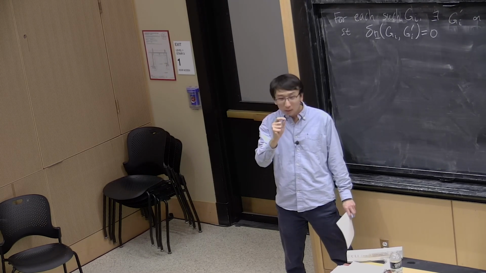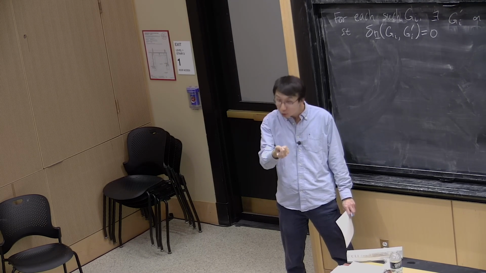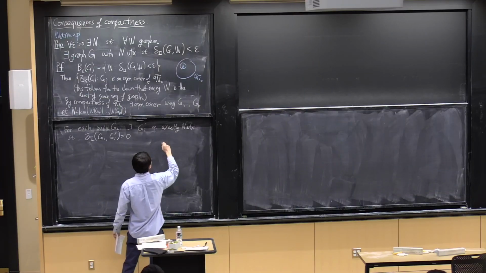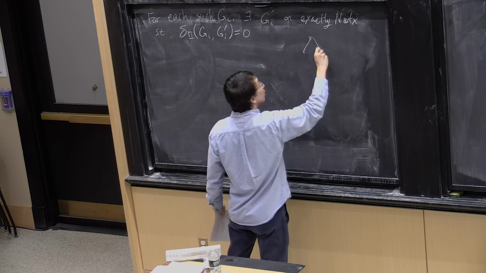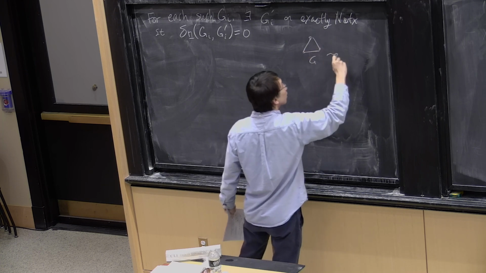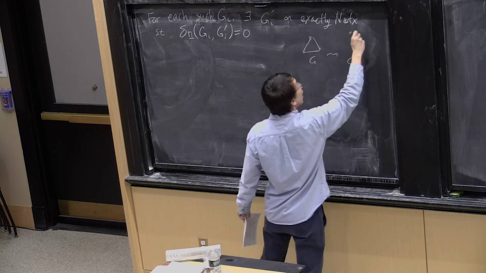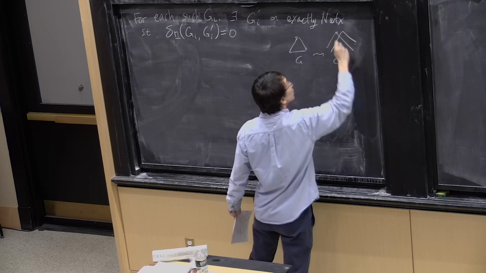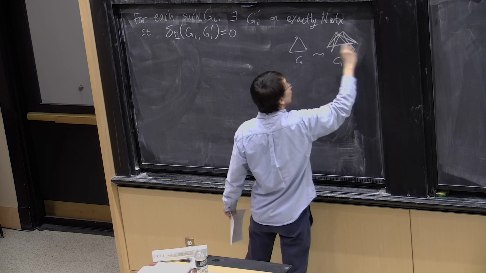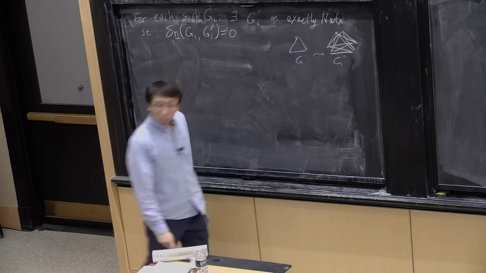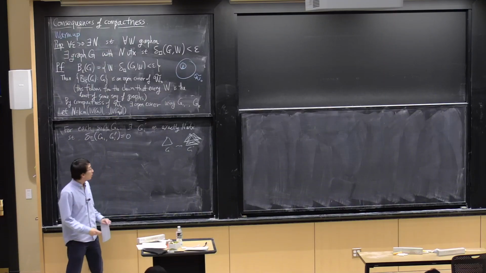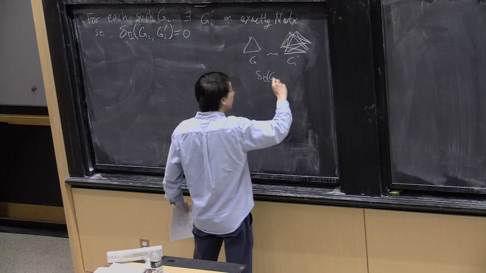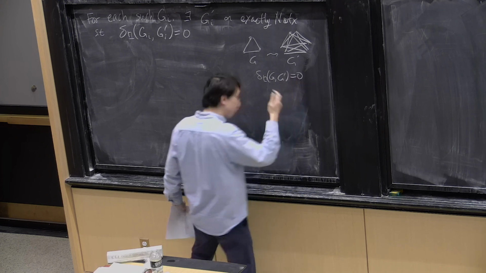So why is this? Think about the representation of a graphon from a graph. If I start with G and I blow up each vertex into some k vertices, then it turns out, and you should think about why this is true, but it's really not hard to see if you draw the picture.